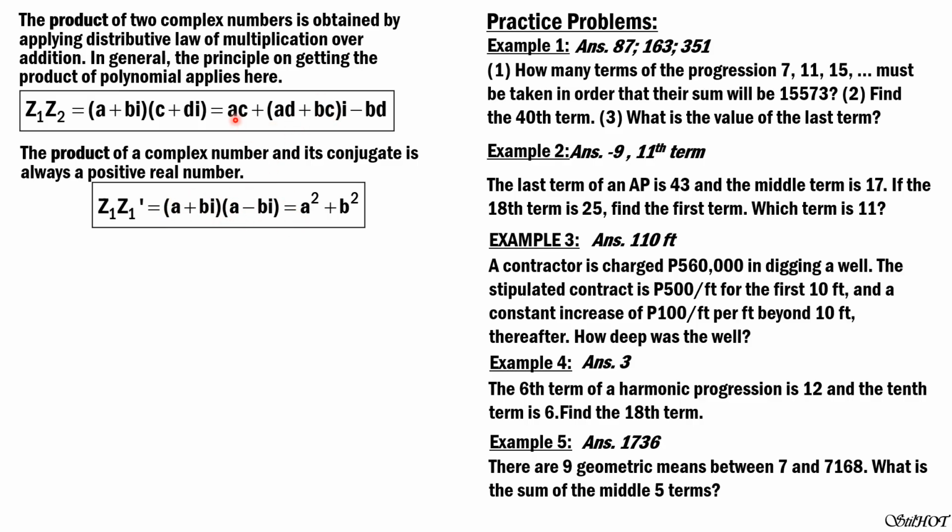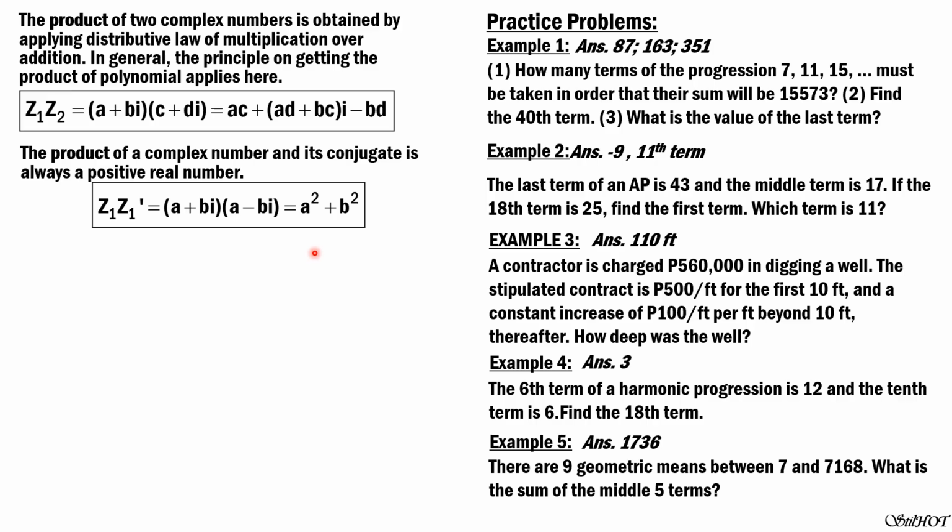Then we have a squared, and minus bd, which is negative b squared i squared, and i squared is negative 1, so that becomes positive b squared.